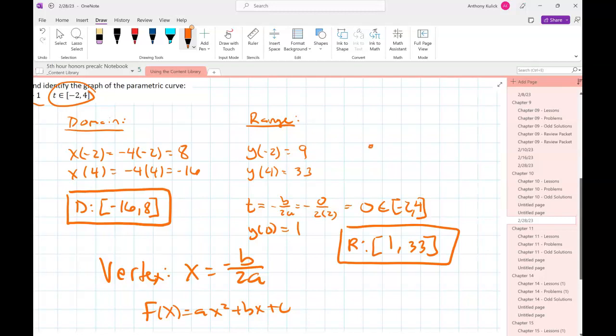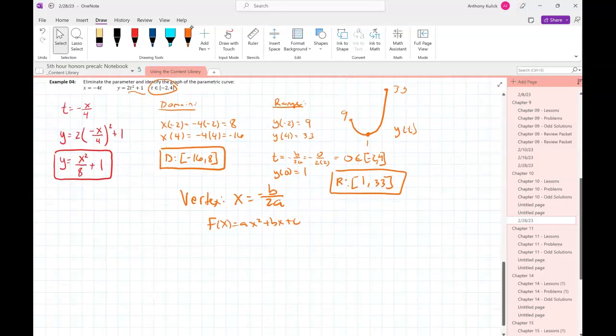So if I was thinking about the graph of y, y of t is that function there, or there's like a t comma y of t graph. That's what it looked like, right? This is the 9, that's the 1, that's the 33. Is everybody okay with that?